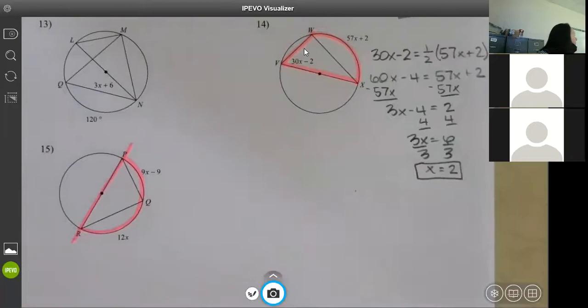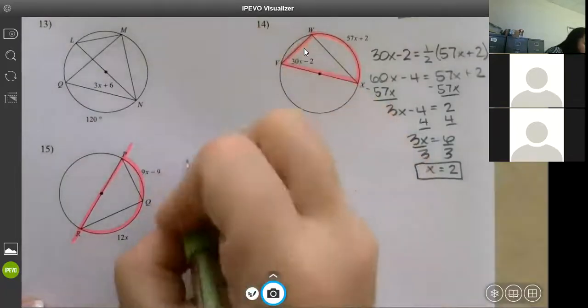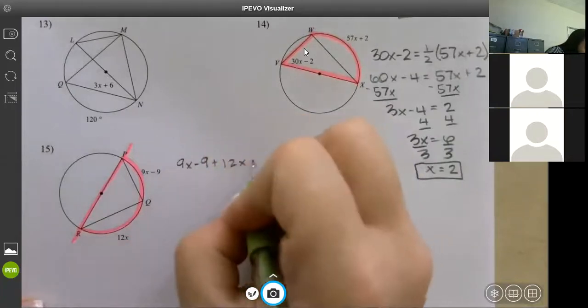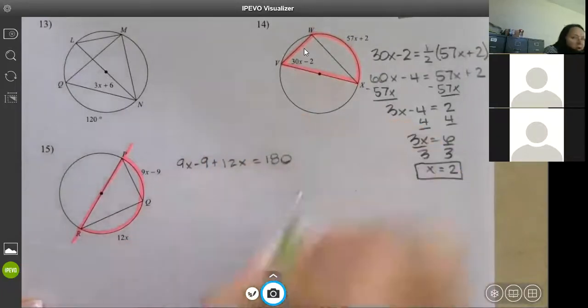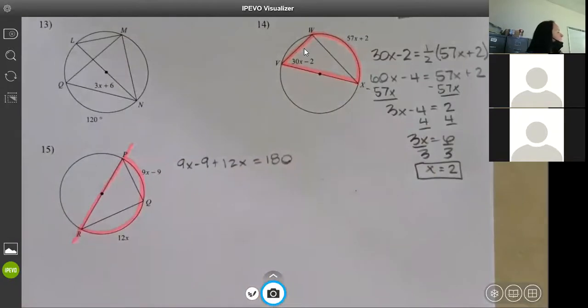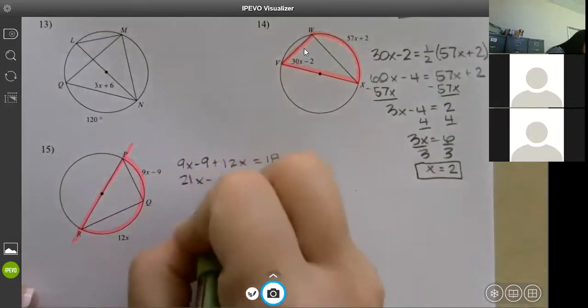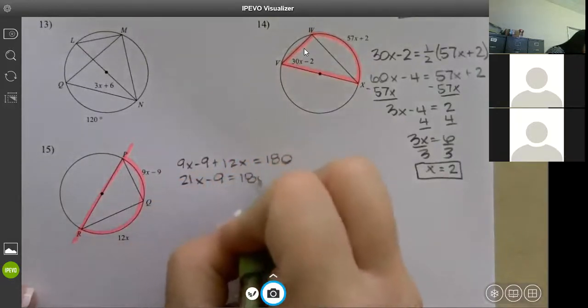You don't have to do the half, the angle, or anything like that. So we're going to add them because they equal 180 when you add them. So just watch what they give you, okay? What's 9x plus 12x? 21x minus 9 equals 180.